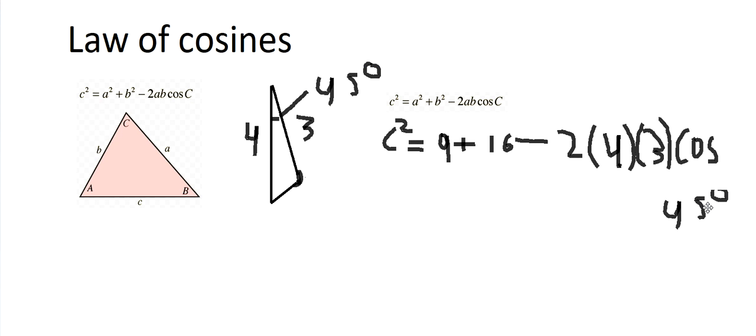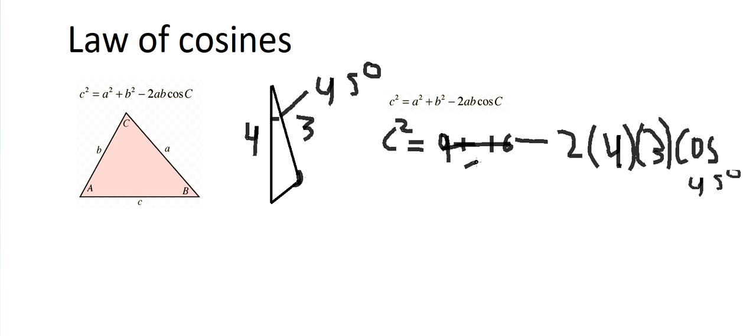So that simplifies to, this is 25, and this whole thing is 12 times 2, which is 24.